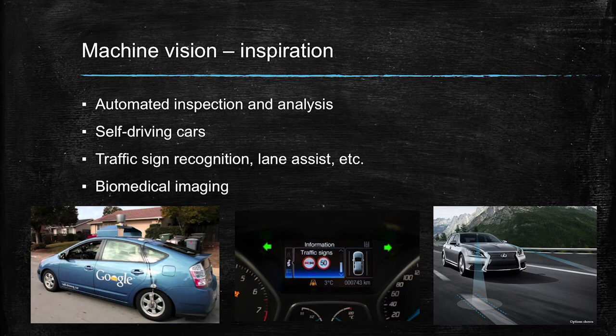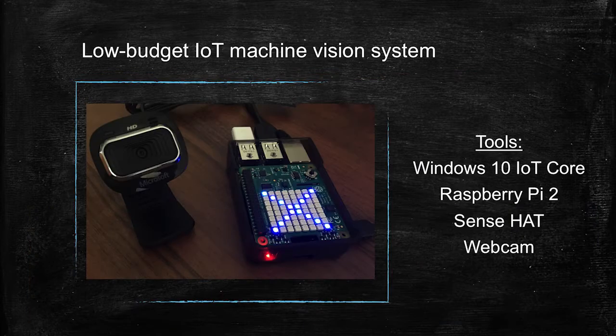We need to use the image from the camera and process this data to extract characteristic features to detect some diseases. And here I'm going to focus on developing a low-budget IoT machine vision system using a small device called the Raspberry Pi 2.